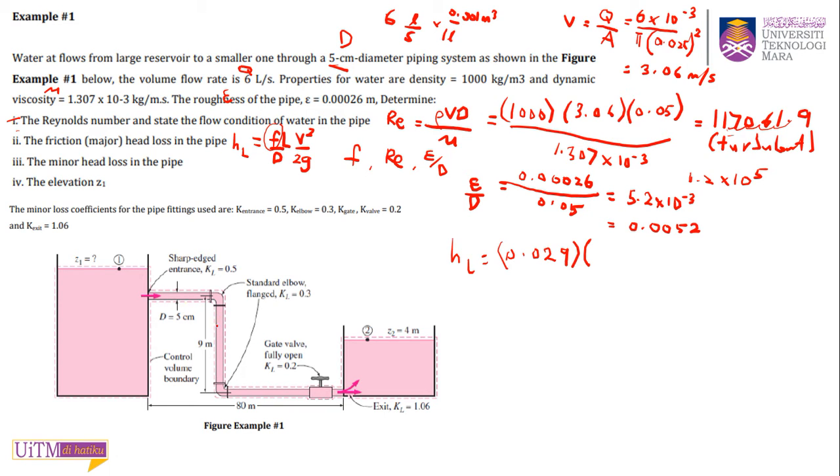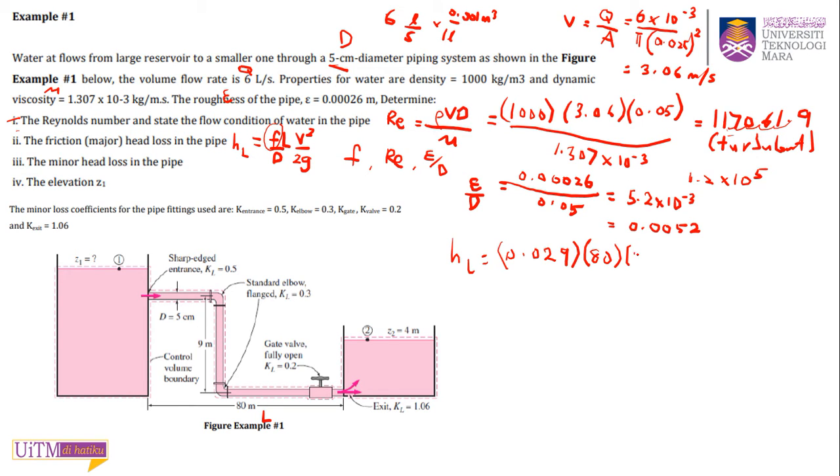What is the length of this pipe? 80 m. This one is 80 meter. So that is your L, 80, and this L times V. The V you already found, 3.06.